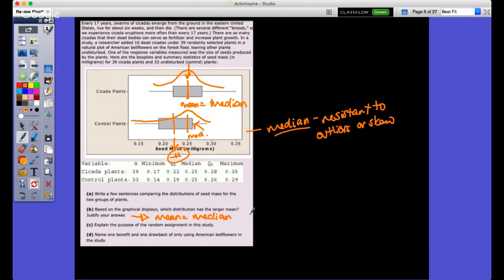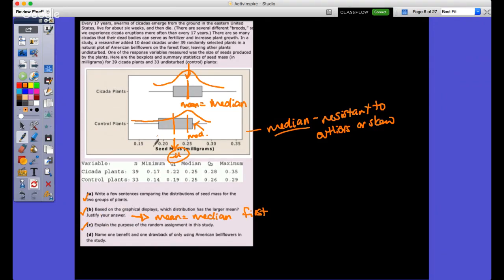So this is the first one. And then talk about the second one, how since it's skewed to the left, the mean will be pulled by the skewed graph or the skewed shape, therefore being lower than the mean of the cicada plant. You could say that a bunch of different ways, but that's a good way of putting it, okay?